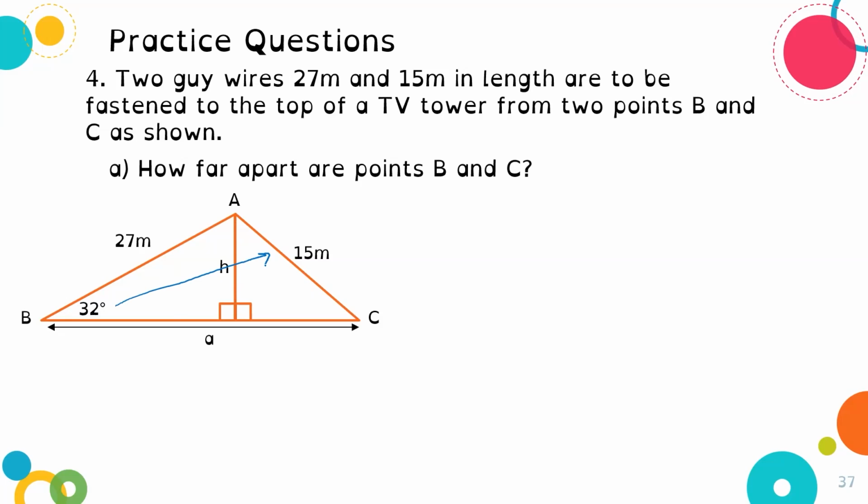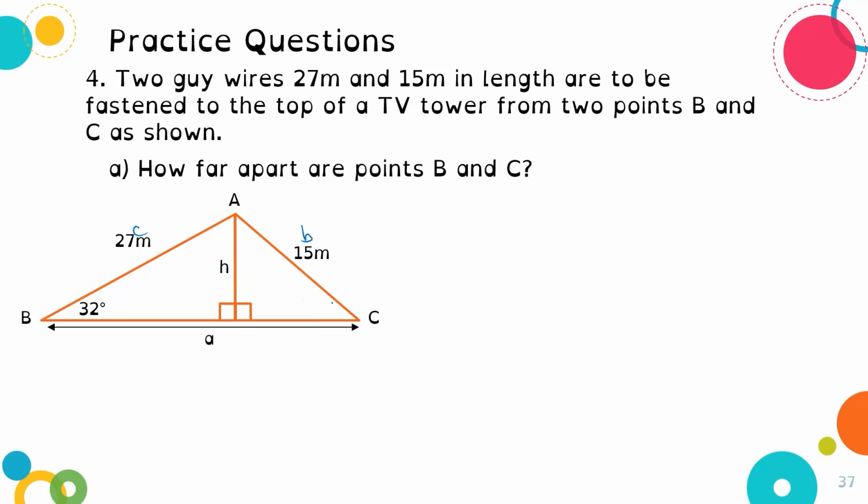And I want to know side A, but I do not know the angle at A, so I cannot figure it out using the sine law in just one step. But I know the side C, so I could figure out angle C, and then if I have 2 angles, I can figure out what my third angle is. So I'm going to need to do this in a few steps.